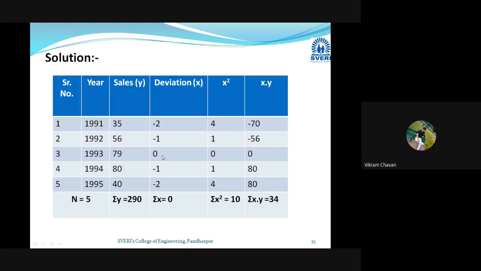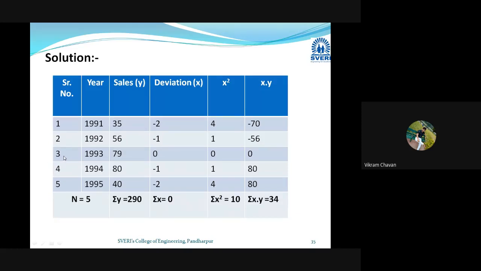So first of all we have to make this deviation summation of x equal to 0. For that purpose, if the series consists of an odd number of years, 5 is an odd number, then the middle year will be considered as a zero deviation.